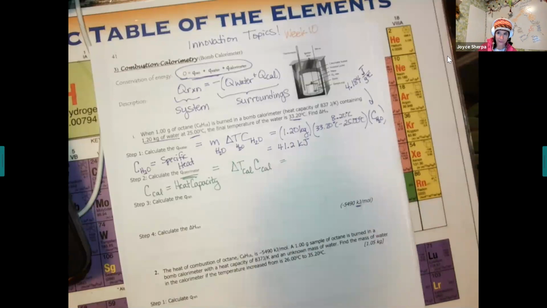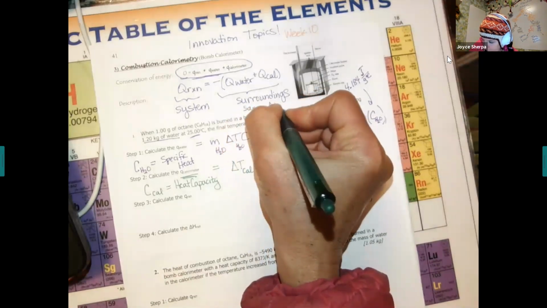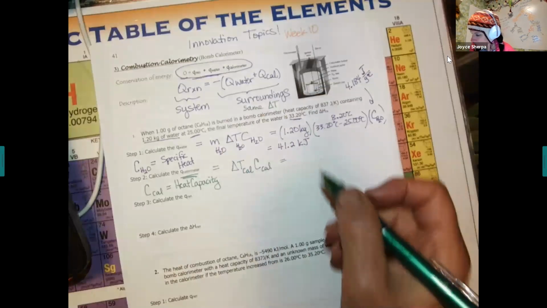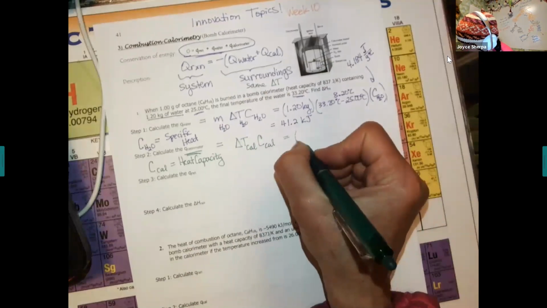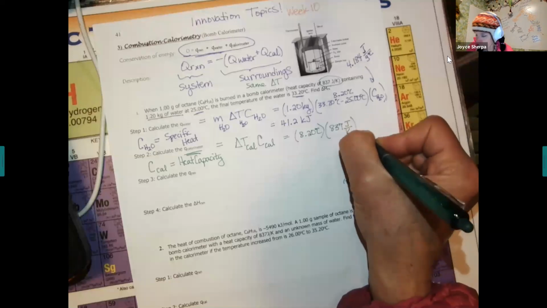Because the calorimeter and the water are the surroundings, their change in temperature is the same. So they both are the surroundings: 8.2 Celsius, and then it gave us in this case 837 joules per Kelvin.